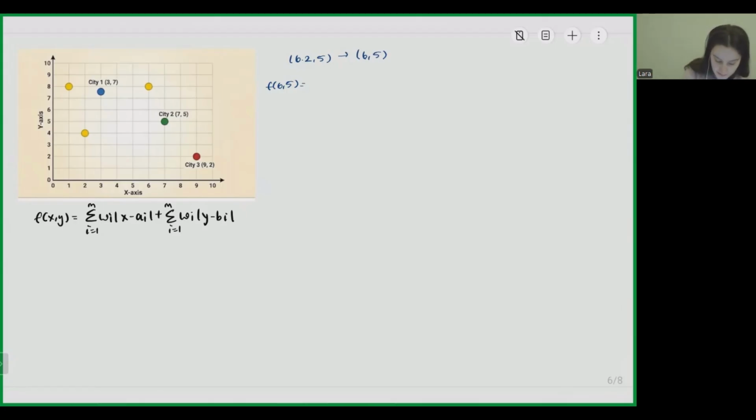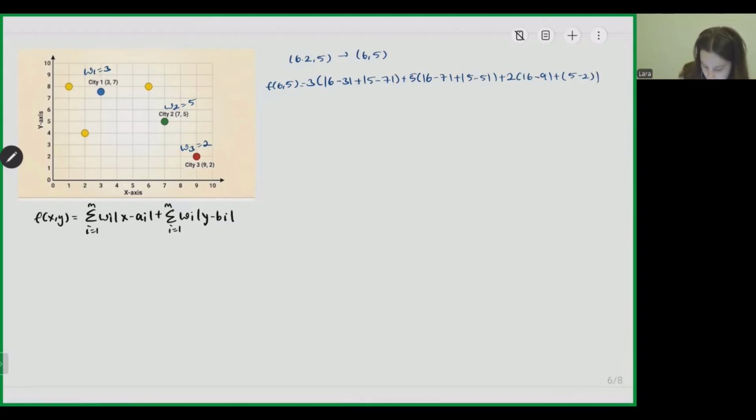So the weights, let's remember the weights. Weight 1 was 3, weight 2 was 5, and weight 3 was 2. So I'm going to say 3 times the x value is 6 minus 3 plus the y value minus 7, plus the weight 5 for the second city, 6 minus 7 plus 5 minus 5, plus 2 for the third, 6 minus 9 plus 5 minus 2.